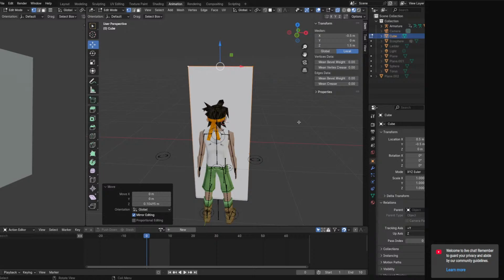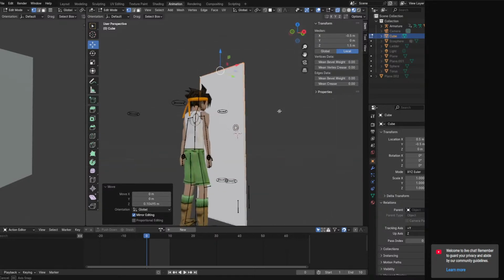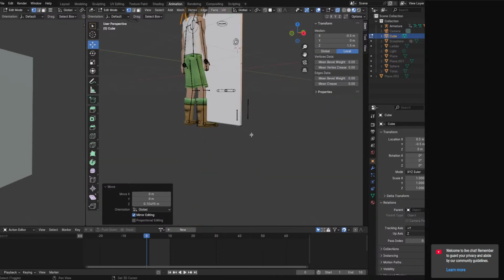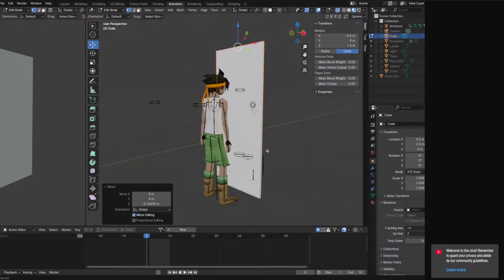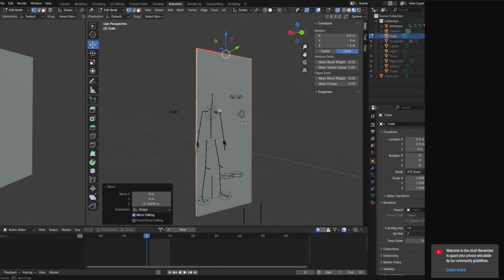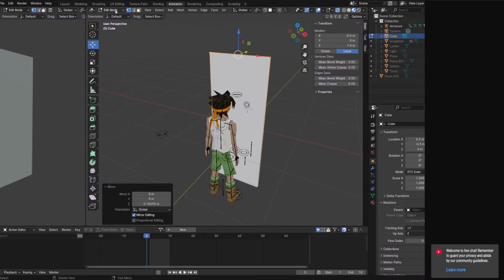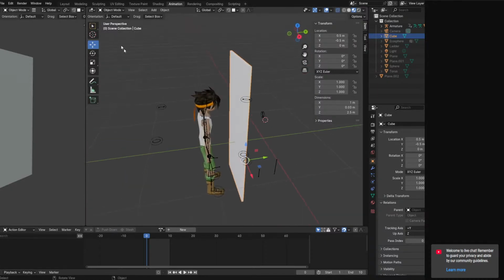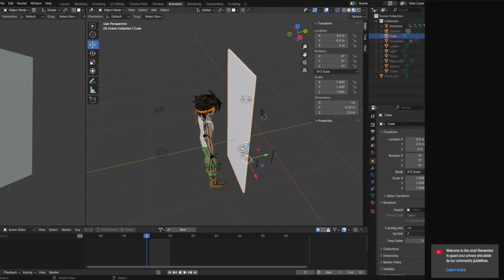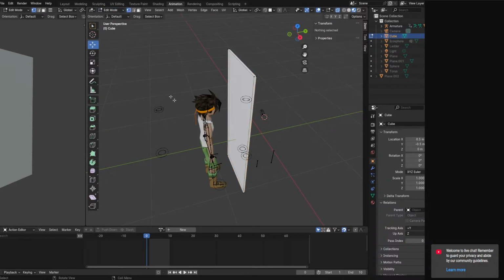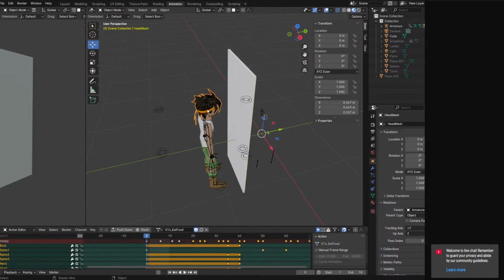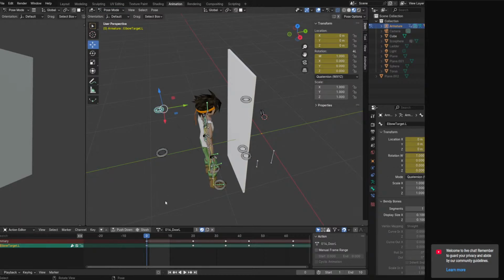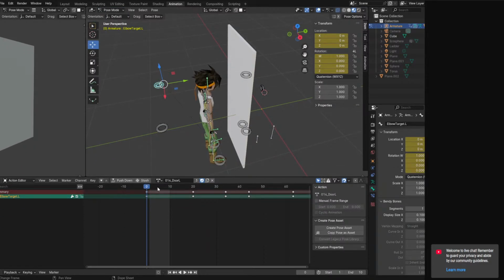It says 1.5 here because part of it is in the negatives and part of it's in the positives. It doesn't matter that much. I'm just trying to get a consistent scale. All right. Now let's try and get the character actually animated properly. Well, he's animated, but I want to fix the animation to better match up with what I want.